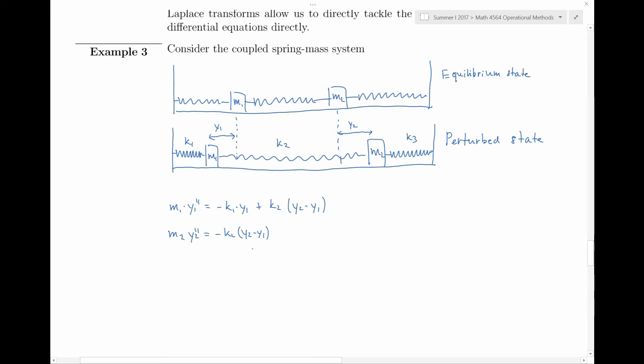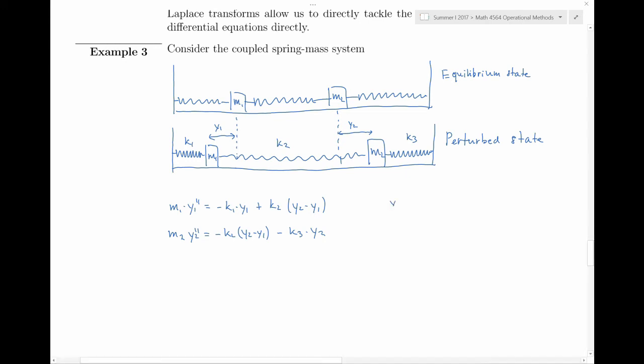And the spring K3 is compressed, and the compression is by amount y2. And since y2 is positive, and the spring wants to move the particle in the negative direction, there's got to be a minus sign times K3 times y2. This differential equation is going to apply to any possible configuration that the system might be. The only thing that we should be aware of is we shouldn't really try to model the system when the masses m1 and m2 switch their positions. If that happens, this model doesn't apply anymore.